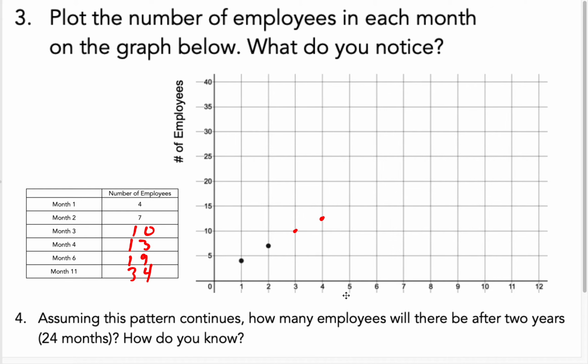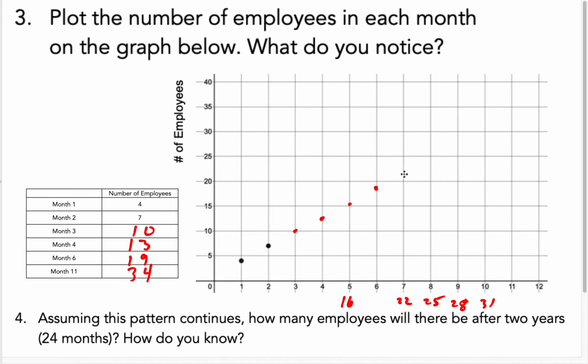If we keep going, month 5 would be 16. Month 6, we already know, is 19. Month 7 would be 22. I'm going to fill these in: 25, 28, and 31. So let's plot those.